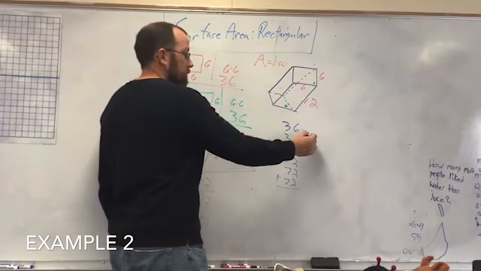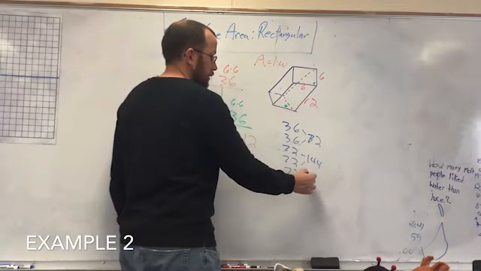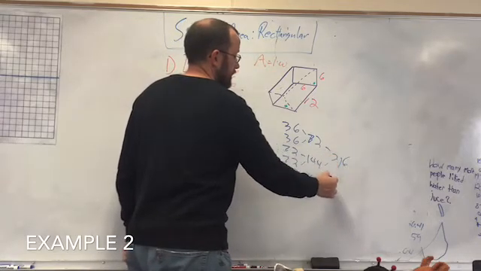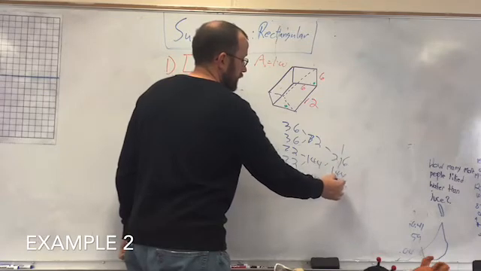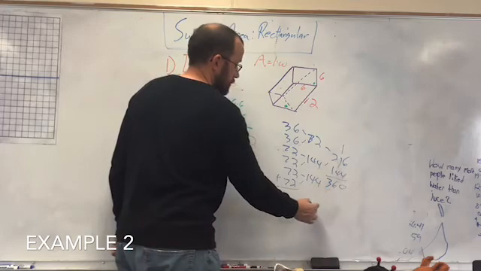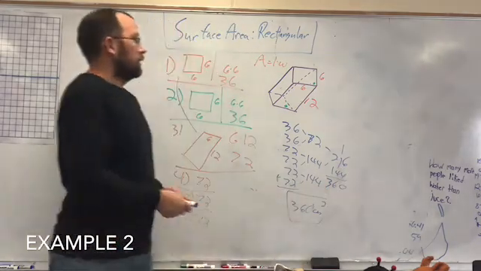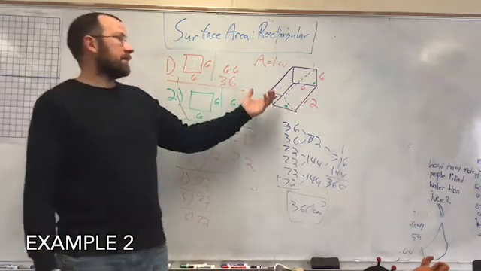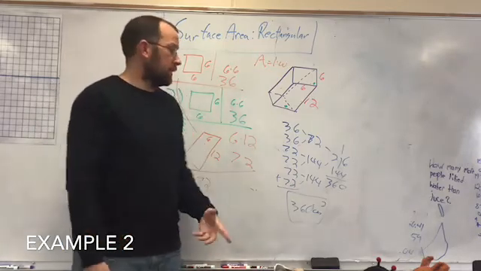And add them, it gives me 72, 144, 144, 216, 360, and we'll call it centimeters squared. And there you go. With a rectangular prism, you're always going to have 6 sides. You just have to figure out what the 6 are. It's easier to break it down into pieces, but you don't have to.